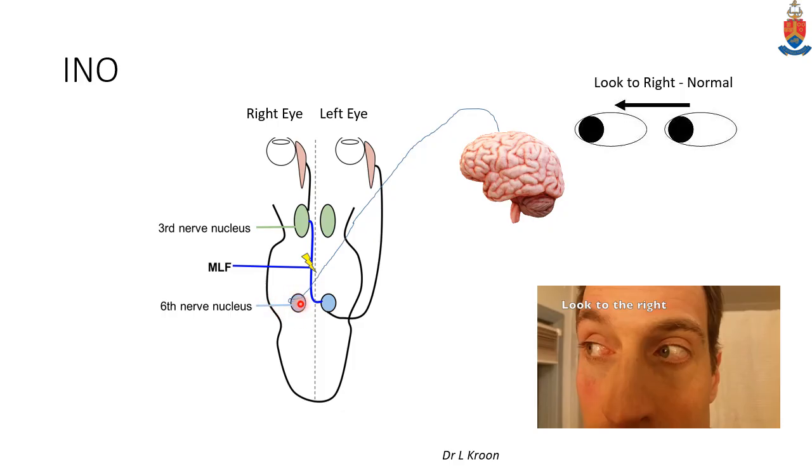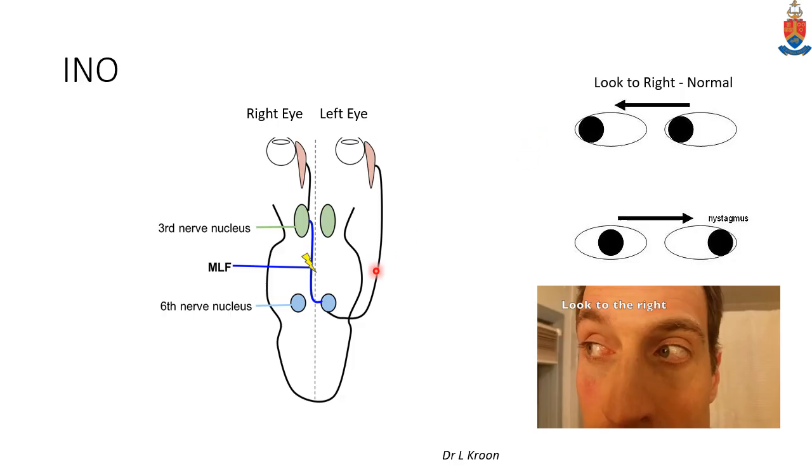It's then going to communicate via the 6th nerve nucleus to the right 6th nerve, causing the right eye to abduct. And then it's going to shoot fibers via the medial longitudinal fasciculus to the left 3rd nerve oculomotor nucleus complex. That's going to shoot out fibers to the left eye, causing the left eye's medial rectus to be activated and then causing the left eye to adduct. So therefore both eyes are moving to the right.